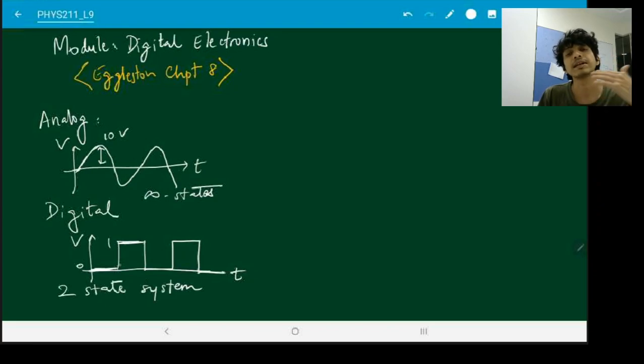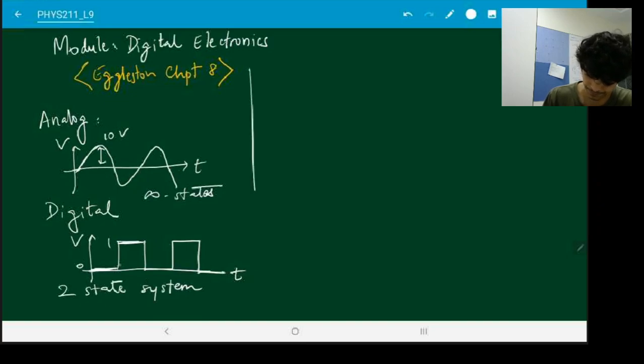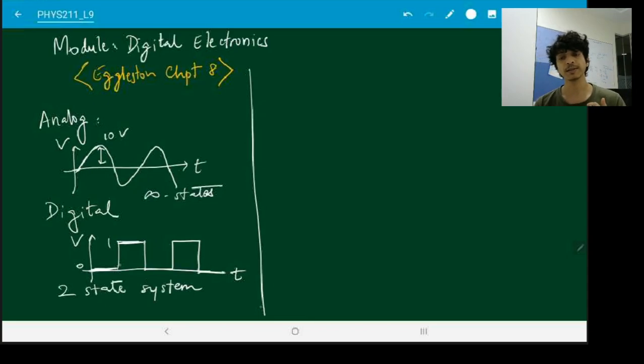But eventually, whatever calculation, whatever circuitry values that are needed for these things, you will always consider them to be either only 0 or only 1. So that's the advantage of using digital over analog electronics, that you only have to deal with two states at a time.